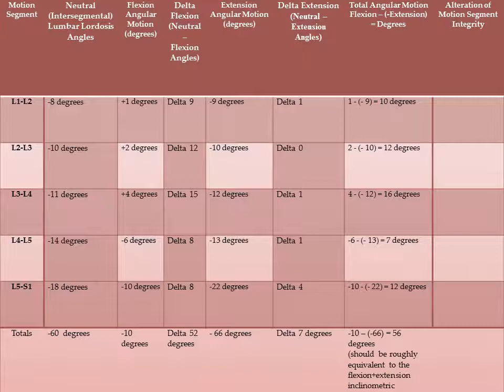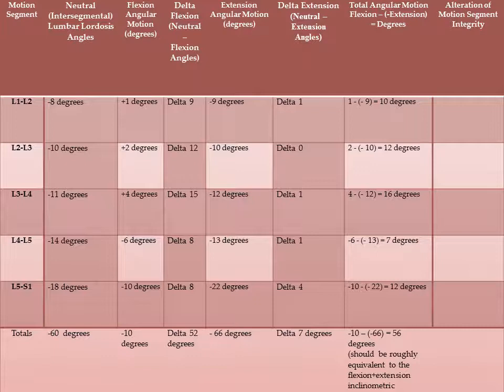And that total angular motion, you can use your intersegmental angles and correlate those to the global change in the lumbar lordosis angle, moving from the extreme of lumbar flexion to the extreme of lumbar extension.